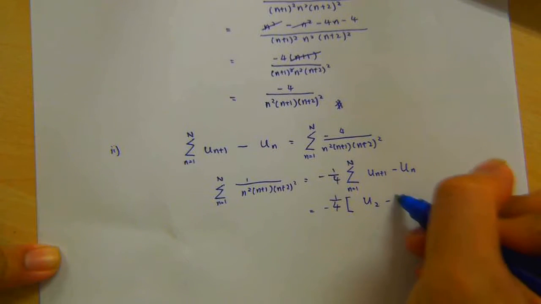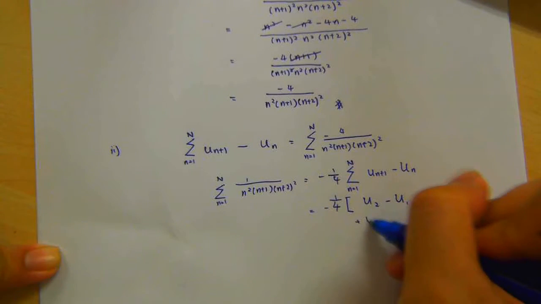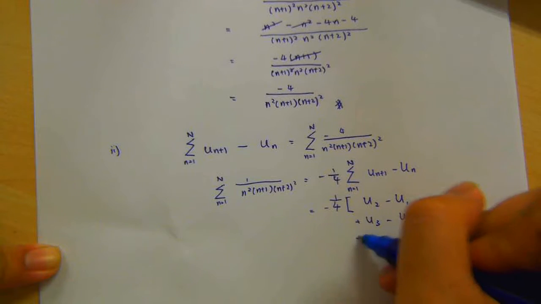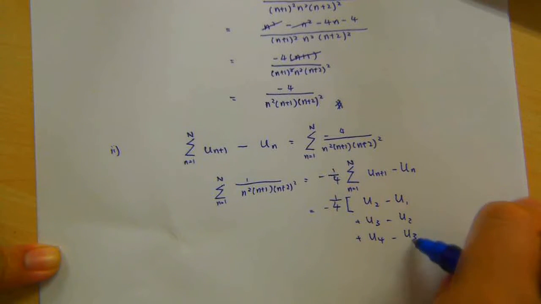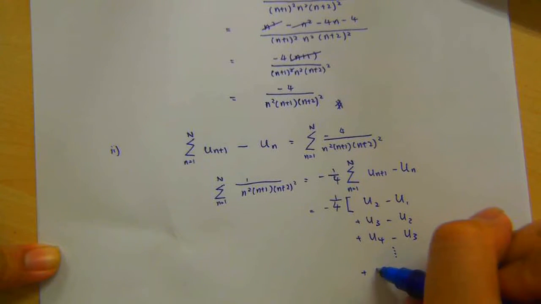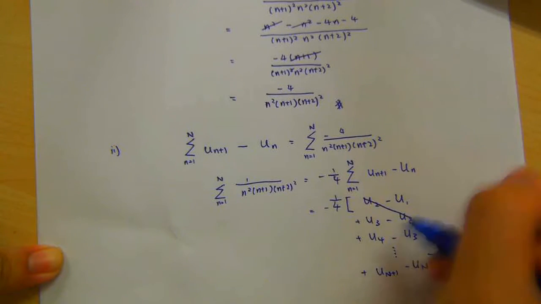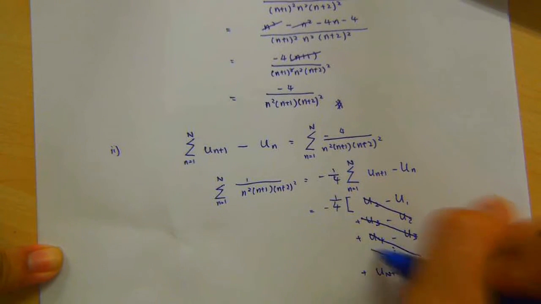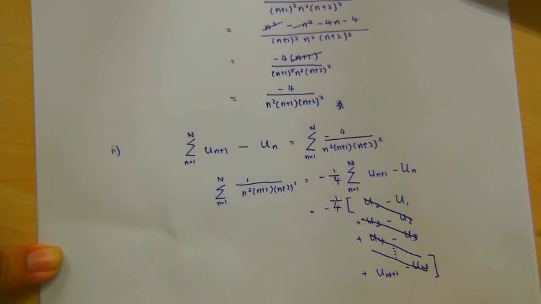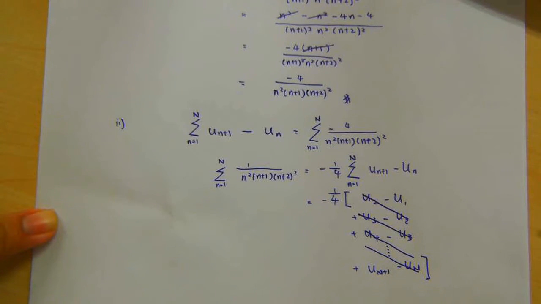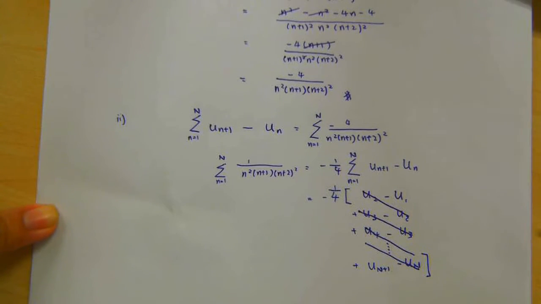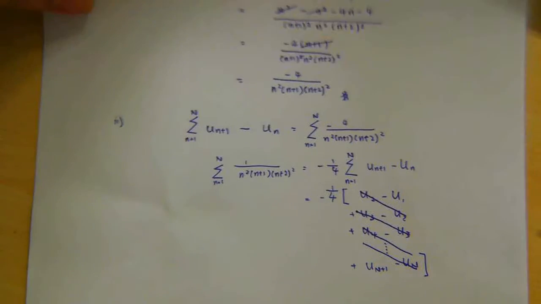So we are going to expand the summation sign. From this expansion, we can clearly see the common terms. Therefore, we shall cancel the common terms. And what's remaining is un plus 1 minus u1.